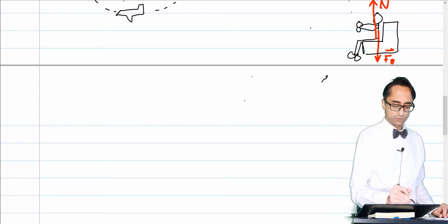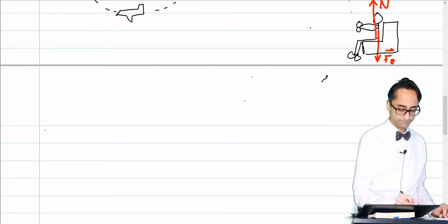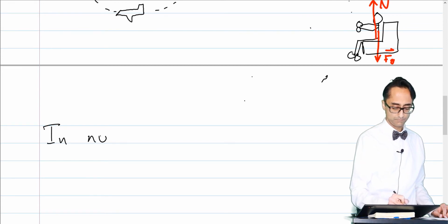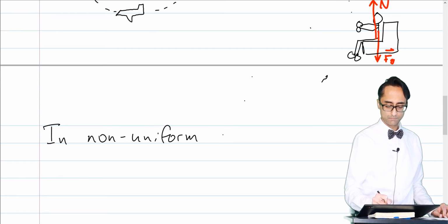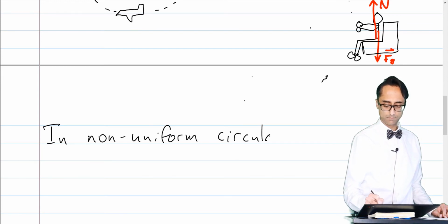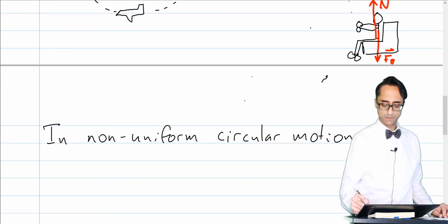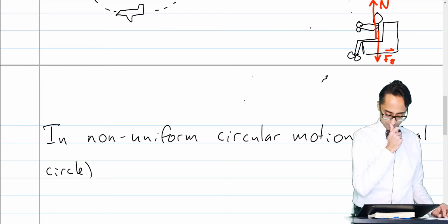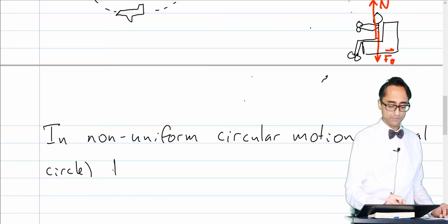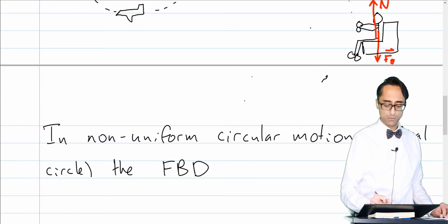So for a vertical circle, or in this case, non-uniform circular motion, the free body diagram is going to change at every point around our circle.